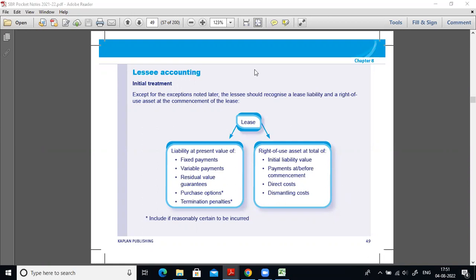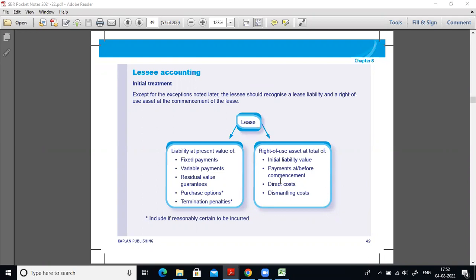Yeah, cost of transferring the asset, like the registration fees and whatever amount we incurred for those bond papers and all these things, the brokerage expenses, and if any notary is done for the lease agreement, all these will be considered as a direct cost. So the right to use of asset will be computed by considering the advance amount, nothing but a down payment, then the initial present value of the liability which we got from step one.